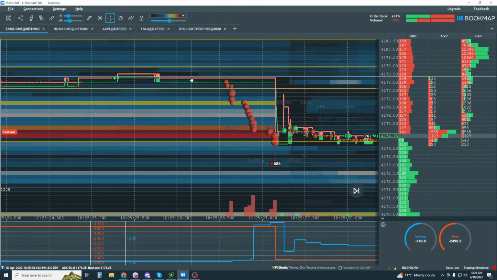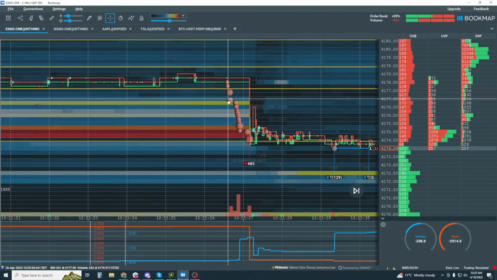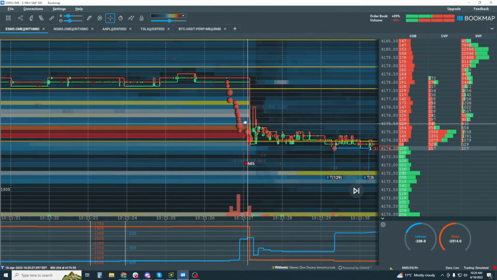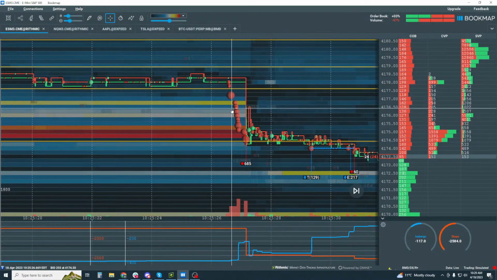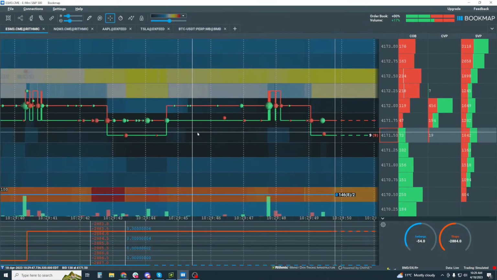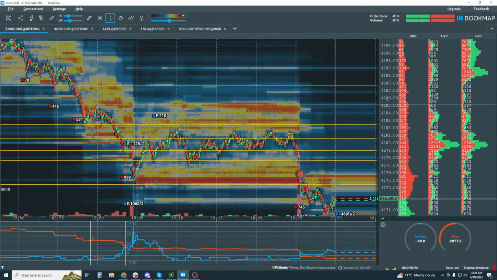I would agree these kinds of sweeps happen all the time, but this is a pretty big one. That's about 4 points or so, and 3,000 contracts is a lot. You will see sweeps for a lot less than that, but 3,000 is quite a bit.